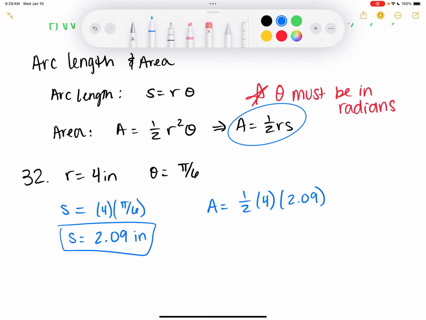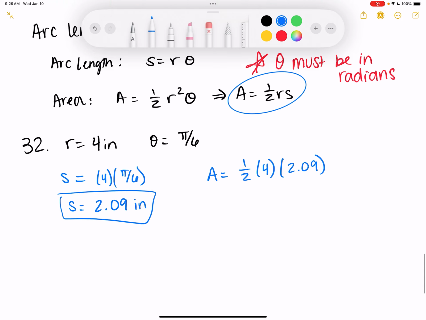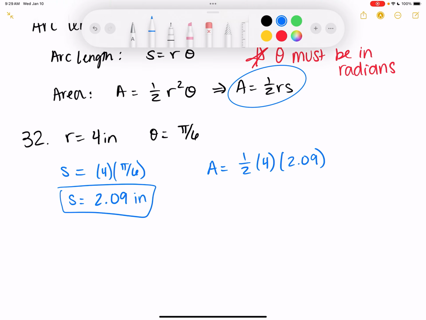And if you already have that 2.09 in there, if you just hit the multiplication button, you're going to see the word answer pop up on your calculator, and that way you'll just use that number. Somebody wants to type that in and figure out what that's equal to.